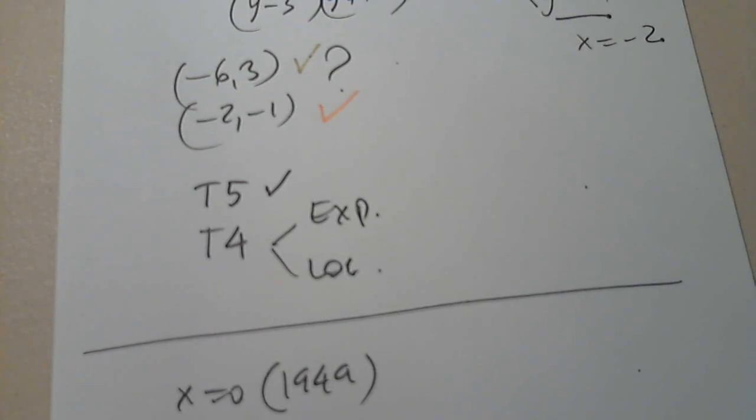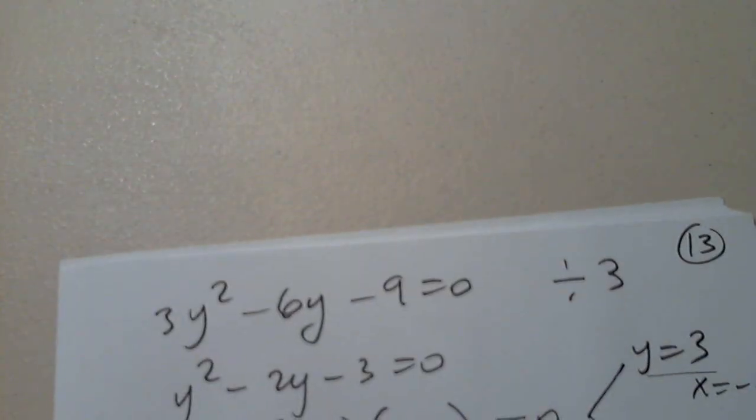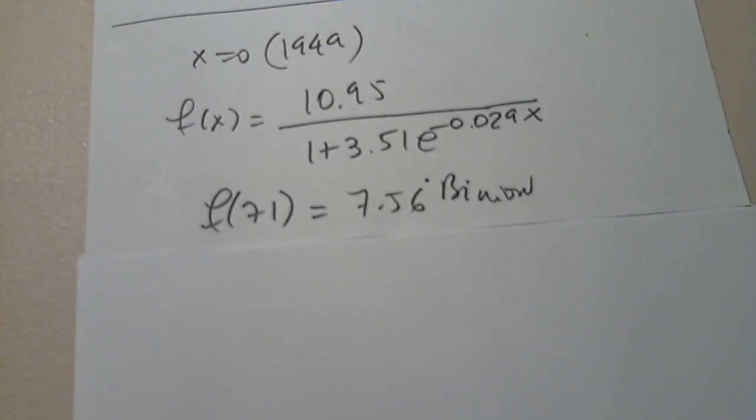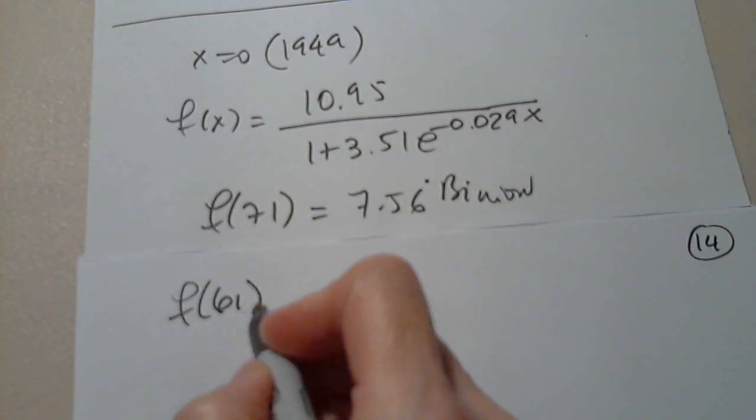How well does the function model the data showing a world population of 6.9 billion for 2010? So what do I do now to check what happened in 2010? Instead of 71, I plug in 61.